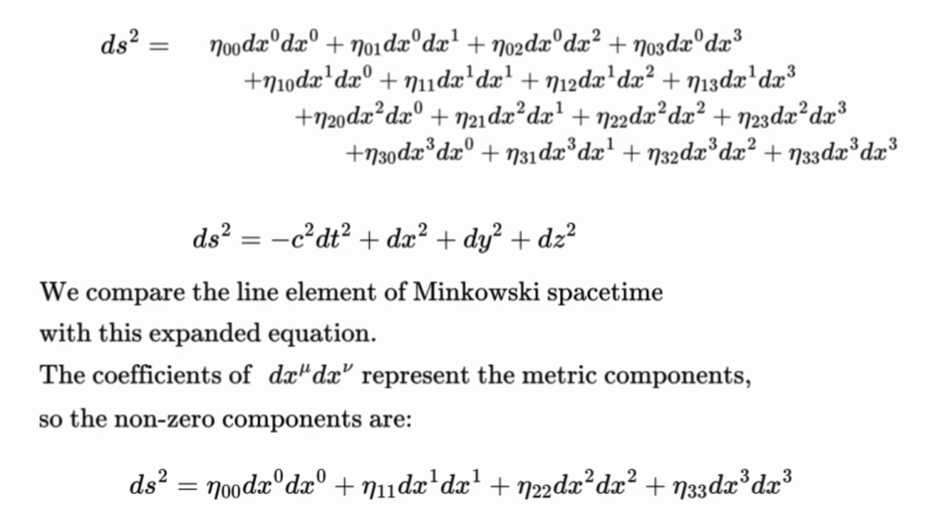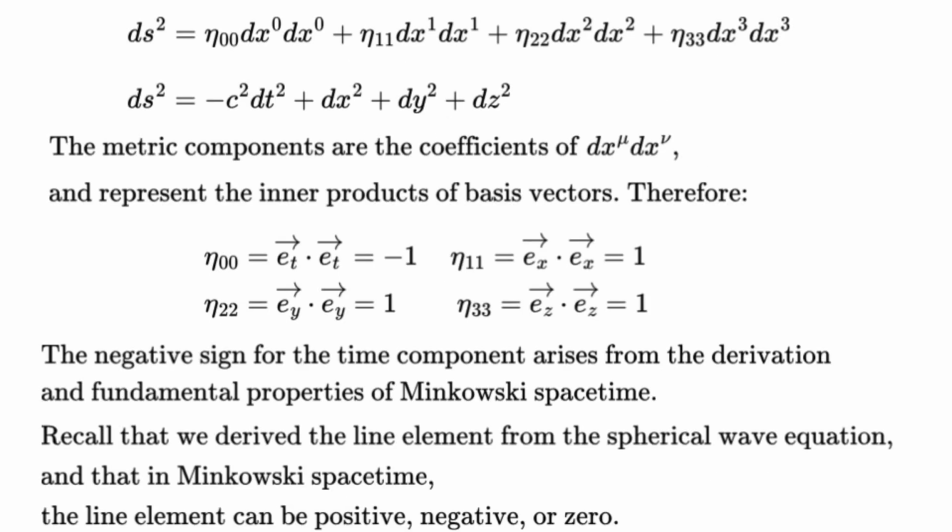We compare the line element of Minkowski spacetime with this expanded equation. The coefficients of dx mu dx nu represent the metric components, so the non-zero components are the metric components, the coefficients of dx mu dx nu, and represent the inner products of basis vectors.